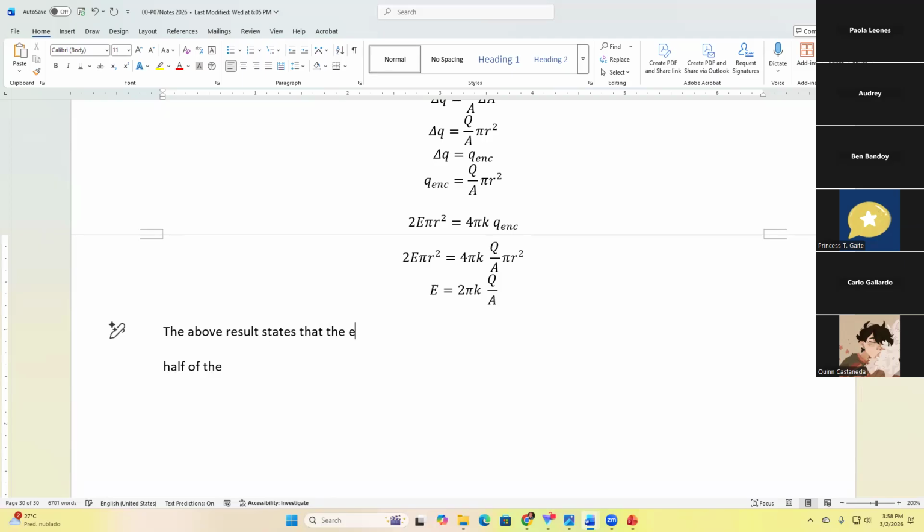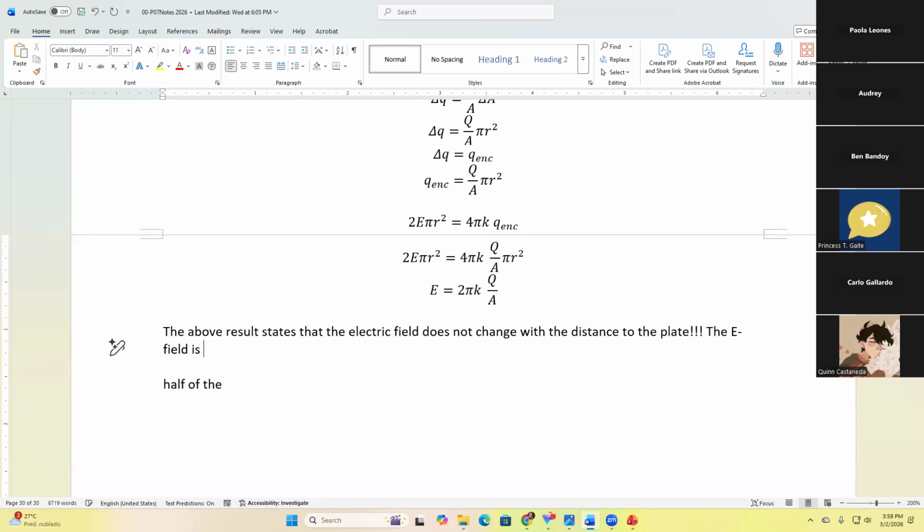states that the electric field does not change with the distance to the plate, okay? The E field is uniform.